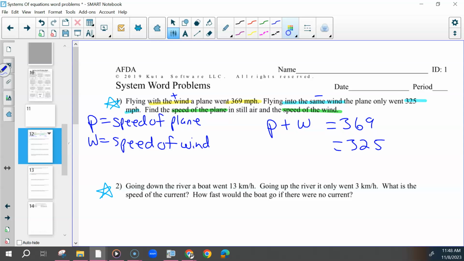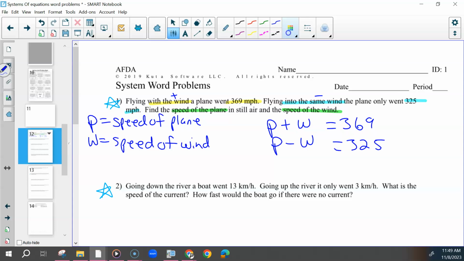What do we think the flying into the same wind equation would look like? Right. P minus W. Now be careful here, because we're not doing the wind minus the plane speed. We're doing the plane minus the wind speed. So it's very important that you put this in a specific order.